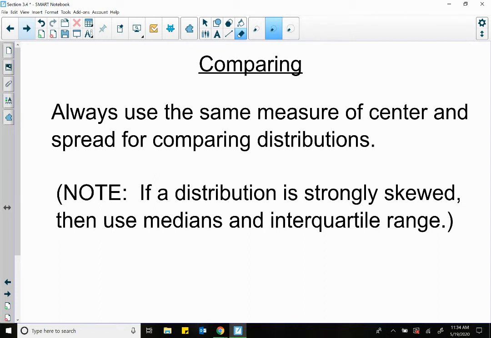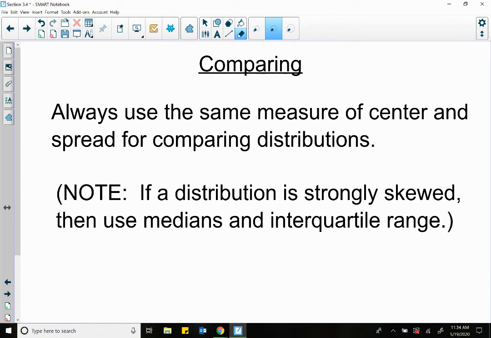But in skewed data, as I said right down here in the note, we want to talk about medians and interquartile range. Now, you can't compare those. That's not apples to apples. That's apples to bananas. Mean and medians don't compare to each other. Standard deviation and interquartile range don't compare to each other. So when you compare distributions, you have to make sure that you're comparing apples to apples.